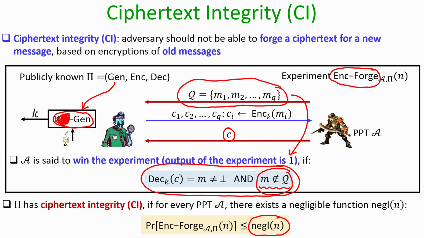I stress that we cannot put a condition in this definition that the probability of forgery should be 0, because there is always a guessing strategy by the adversary where it can just guess a candidate value of C, and it may turn out that with non-zero probability the guessed C indeed is a legitimate ciphertext and it decrypts to a plaintext M which does not belong to the set of queries Q. But what we want from an encryption process is that this is the best an adversary can do. And if we achieve that, then we say that our encryption process has the ciphertext integrity property.